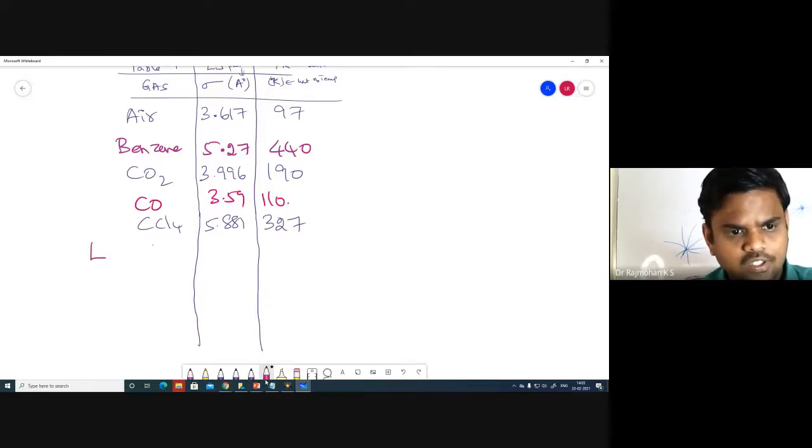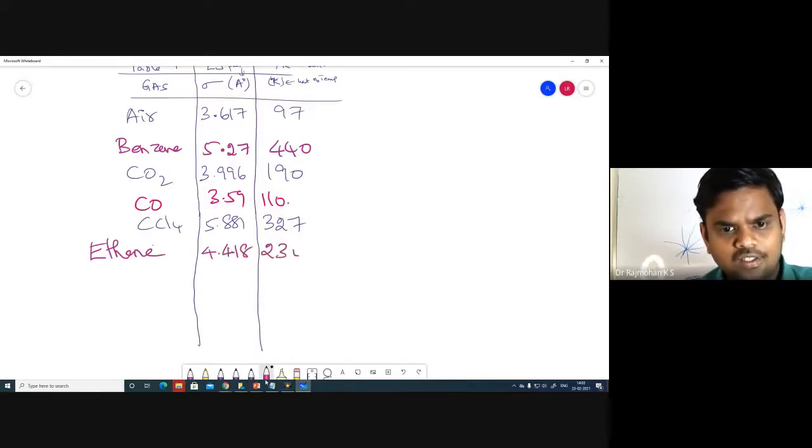And then we have ethane. For ethane, 4.418, 230.